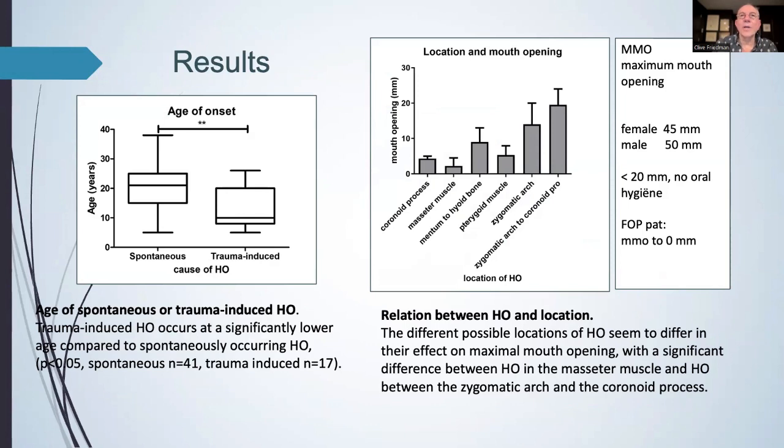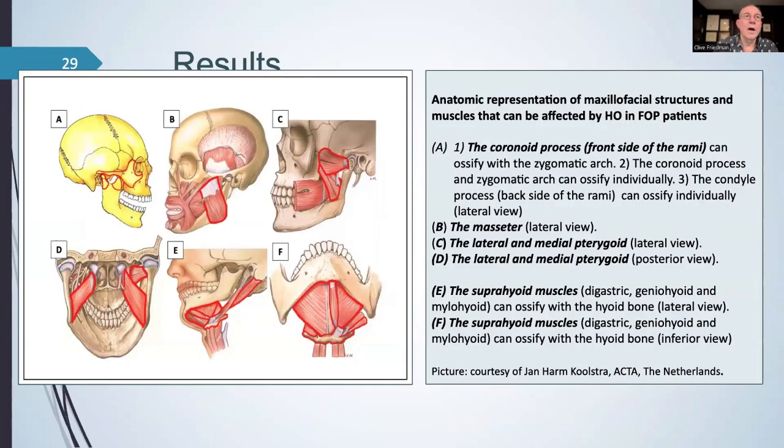Where the HO occurred also impacted the maximum mouth opening, with respect to where the HO would have occurred specifically in the arch form. So if you have a look at this in A, the coronoid process, which is on the mandible right over here, and the zygoid process.